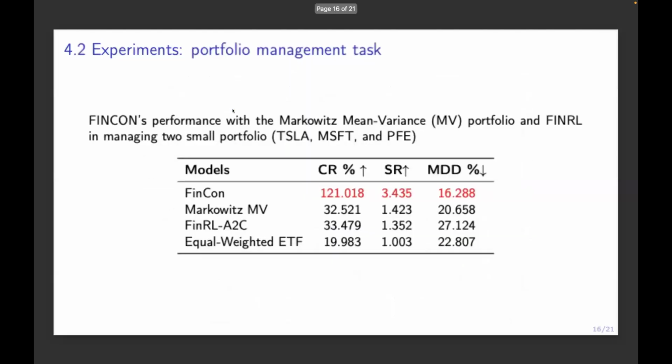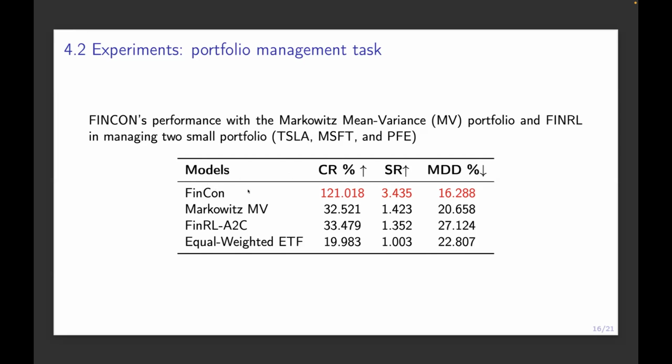Okay, and for the portfolio management tasks, due to the limited context window, we only deal with a small portfolio. This portfolio has only 3 stocks: Tesla, Microsoft, and PFE.